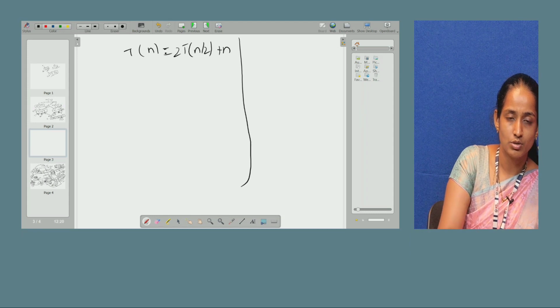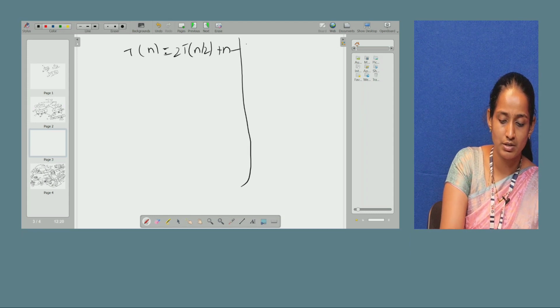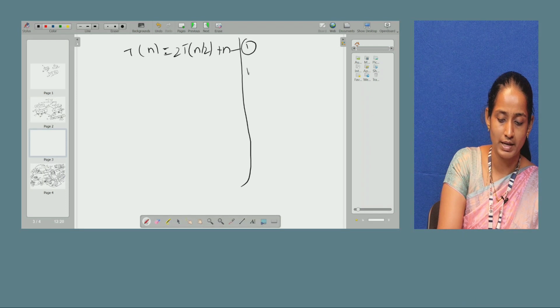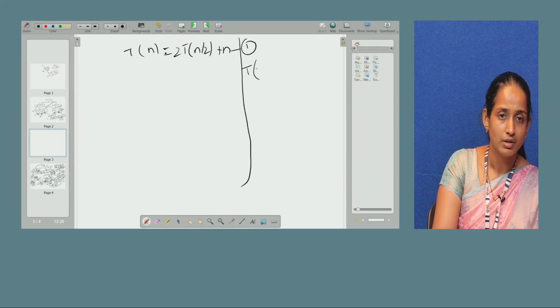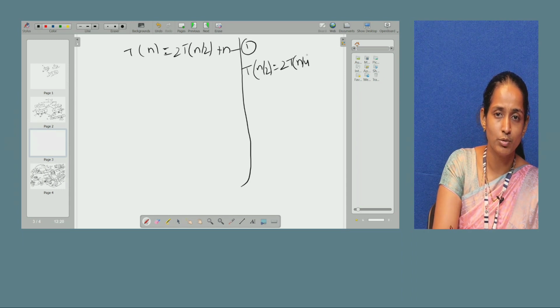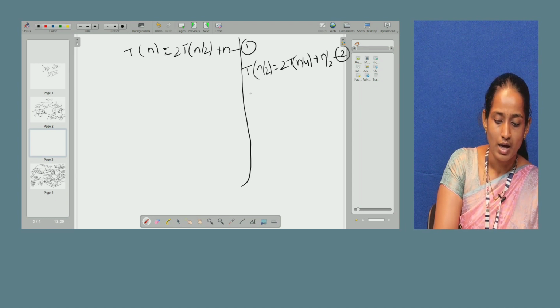Substitute the given equation 1 with n by 2. This is the process of solving a recurrence using the substitution method. If you substitute T of n with T of n by 2 in the given equation, it will be 2T of n by 4 plus n by 2. Let me take this as equation 2.